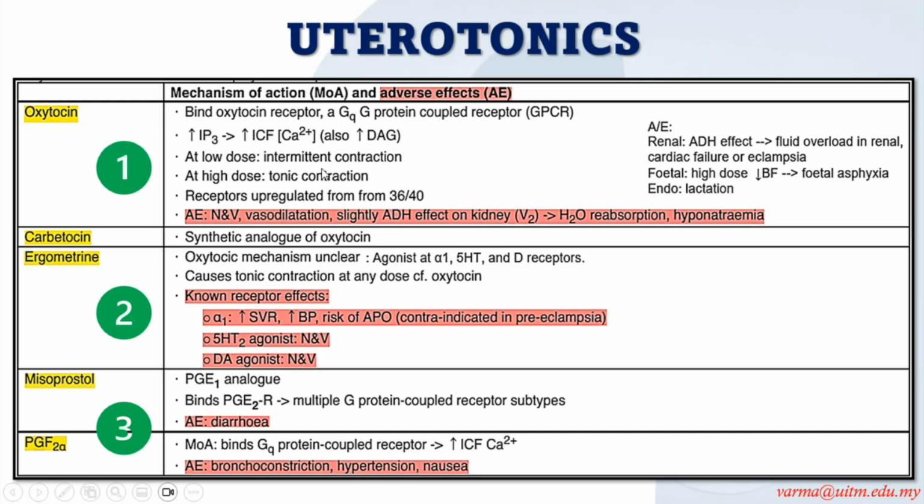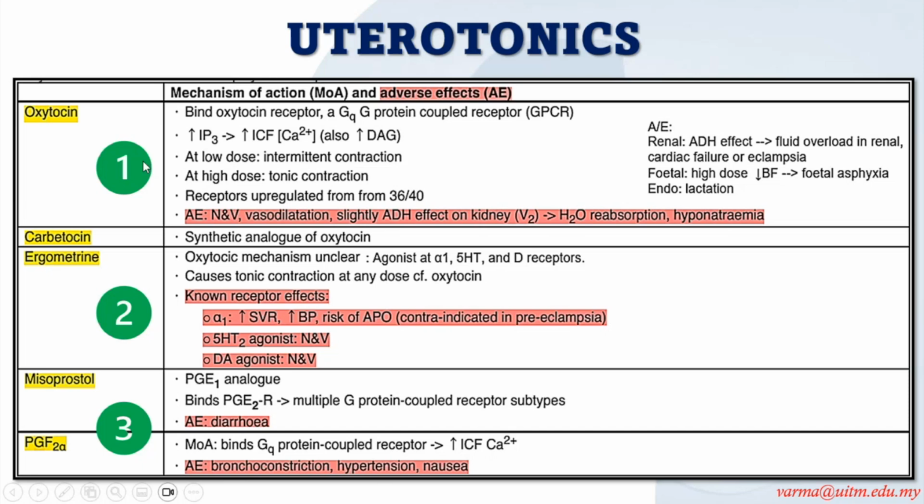That's what we do to induce labor. At high dose, it causes tonic contraction, which you give intraoperatively once the baby is delivered. We want to cause a continuous contraction to prevent uterine atony. Whereas during induction of labor, we give low dose to cause intermittent contraction. So you have to remember this.